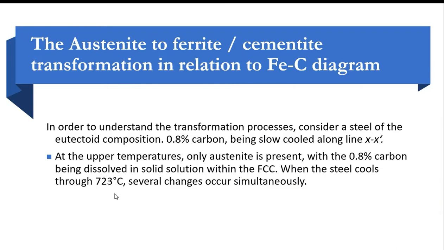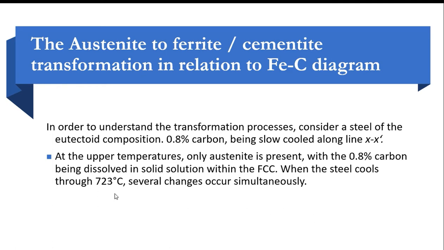Right? Then the austenite to ferrite, and again cementite formation in relation to the iron carbon diagram. In order to understand the transformation process, consider steel of the eutectoid composition. Before knowing these things, I will give you one piece of advice. Try to draw this iron carbon diagram with your own effort, right?